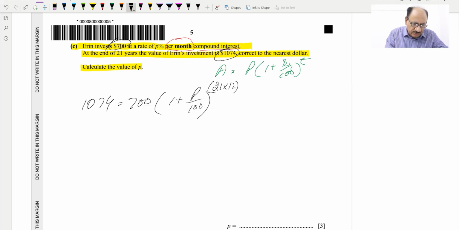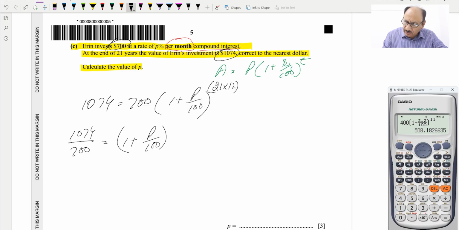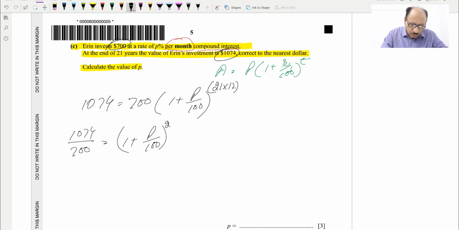Now we can rewrite it as 1074 divided by 700 is equal to 1 plus P over 100, raised to the power, we multiply this 21 by 12, resulting in 252. So we can write the power 252 over here.